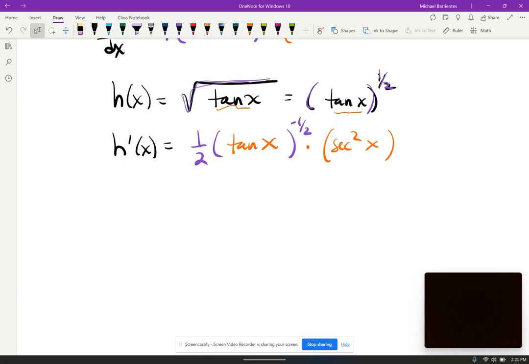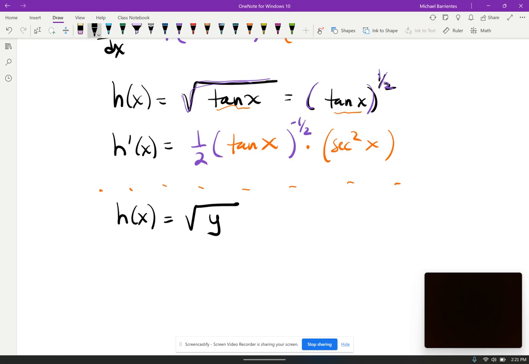So now what implicit differentiation says is, what if we had a function in terms of x. We were taking the square root, just like this one, but I didn't know what the inside function was. And instead, I call that inside function y.